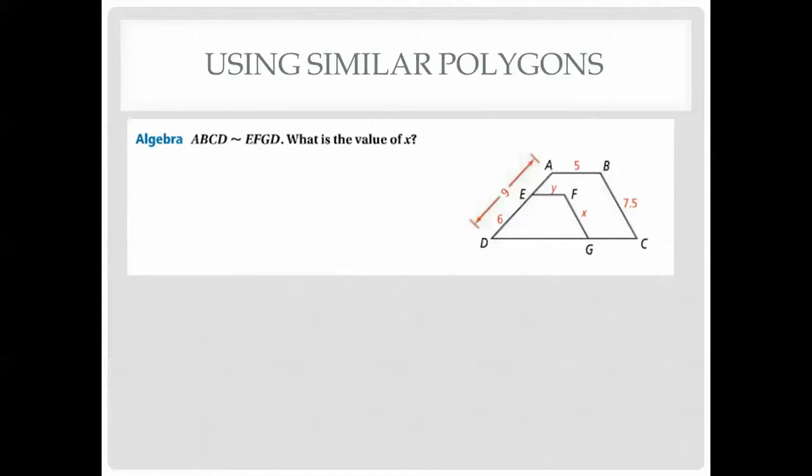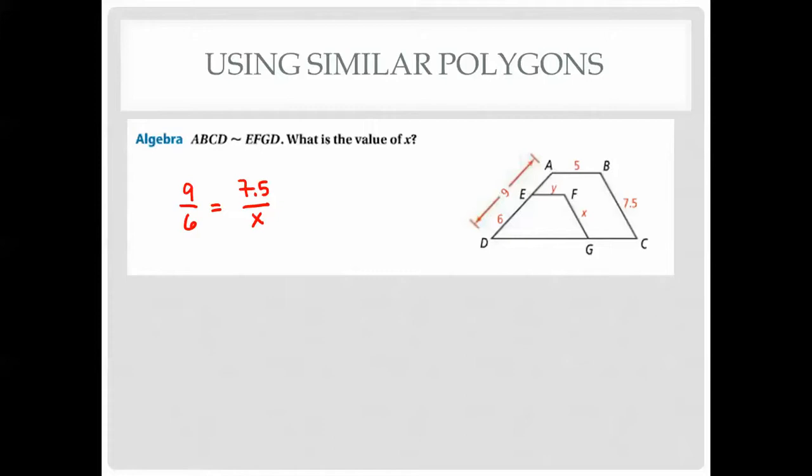Alright, so now let's talk about ABCD being similar to EFGD and then find the value of X. So we want to set up a proportion here. I would go maybe long side to short side, talking about corresponding sides, so 9 to 6.